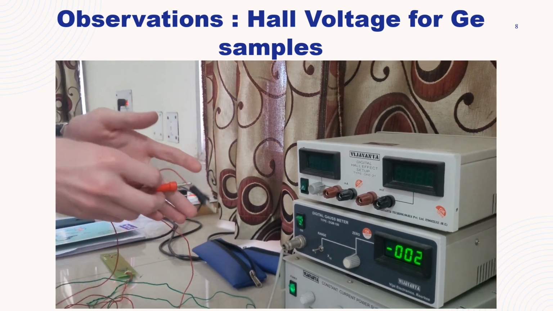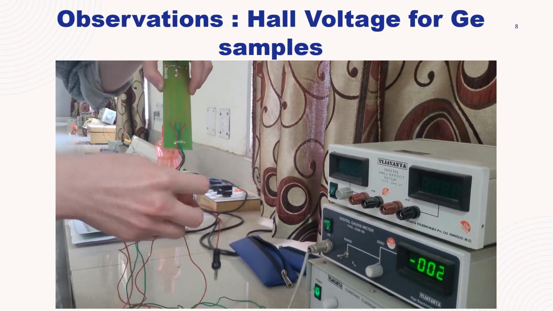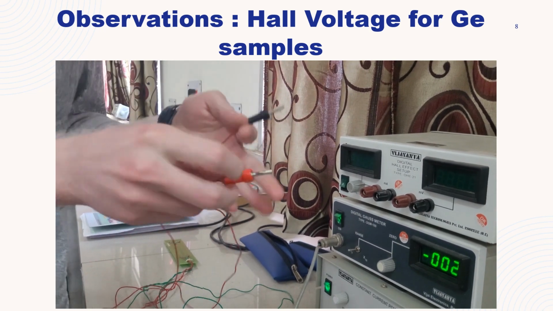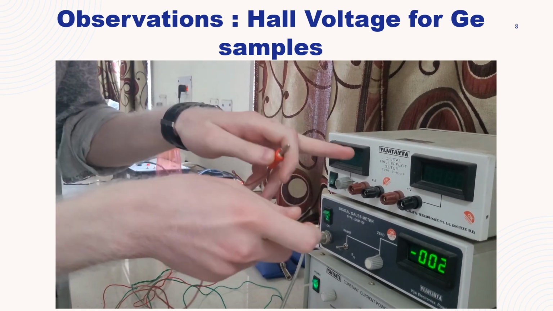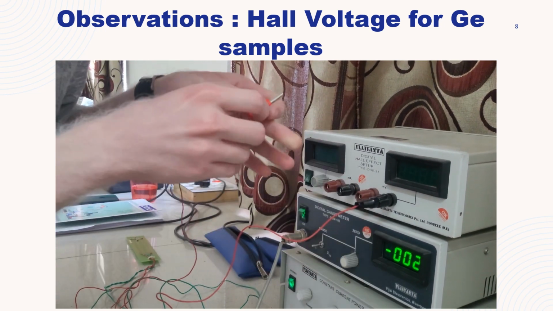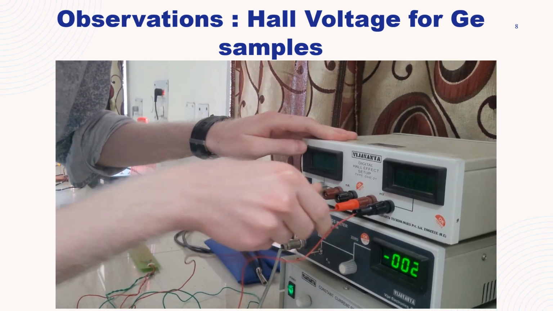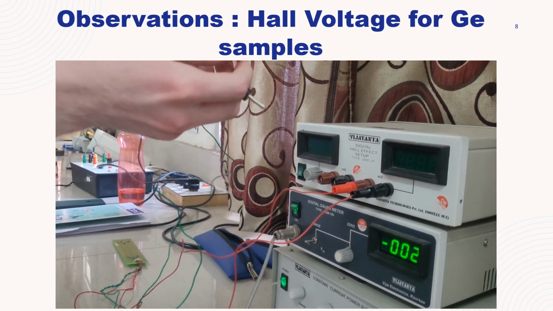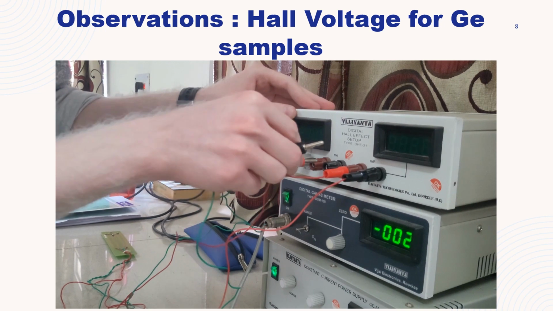So these are the widthwise terminals, as you can see here. These widthwise terminals are to be connected with the voltmeter to measure the Hall voltage, and these lengthwise terminals are to be connected with the ammeter to calculate the current.